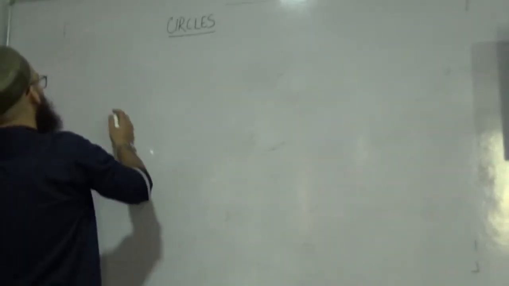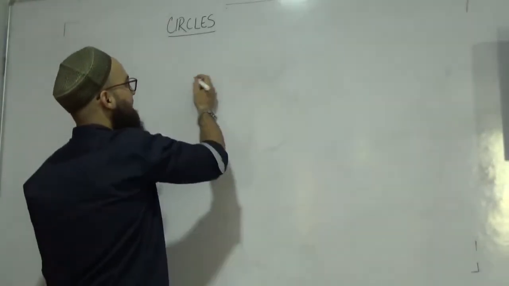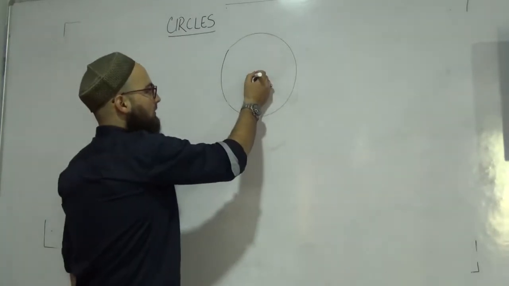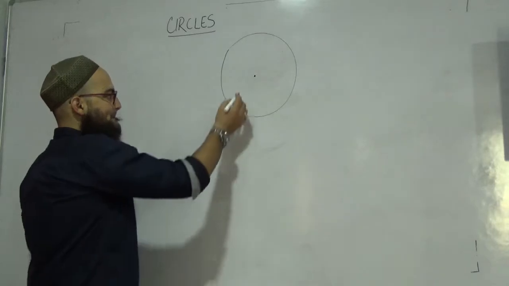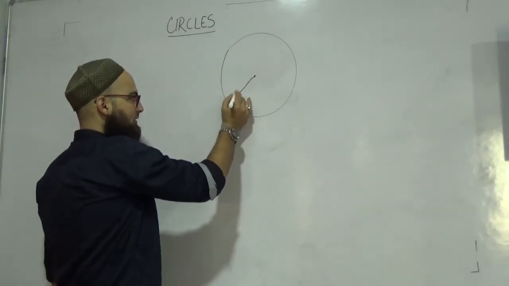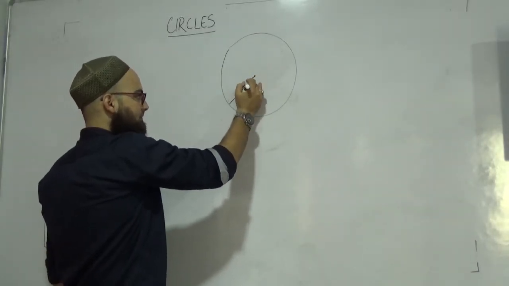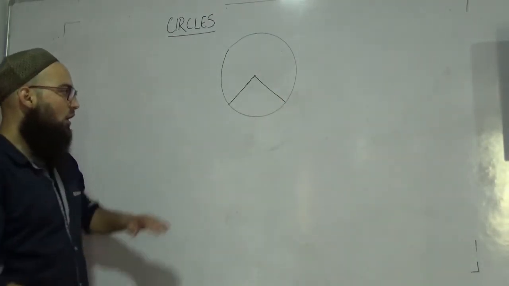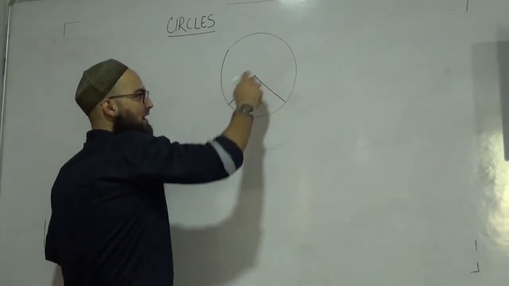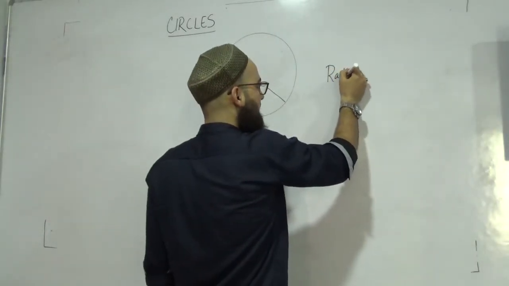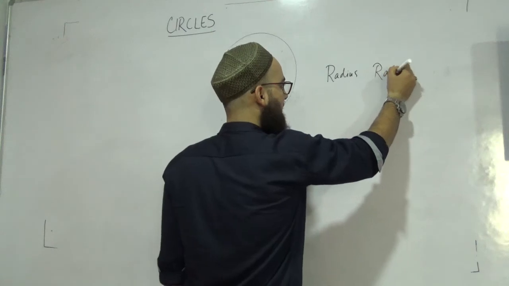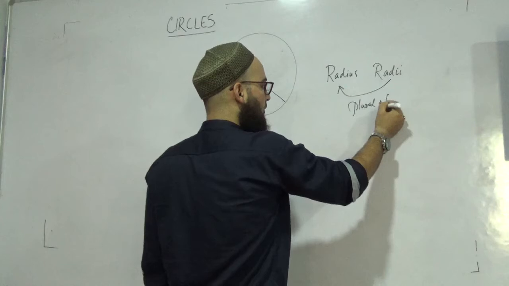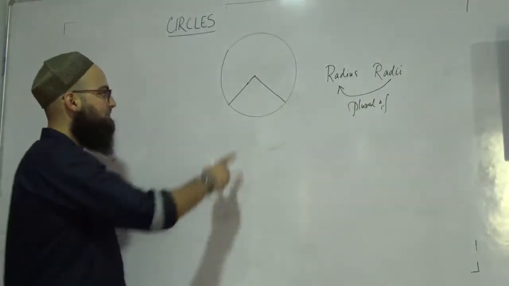Then we have, see, if I have a circle like this, now we know this is a radius, this is one more radius. Now the region between these radii, radii is the plural of radius.